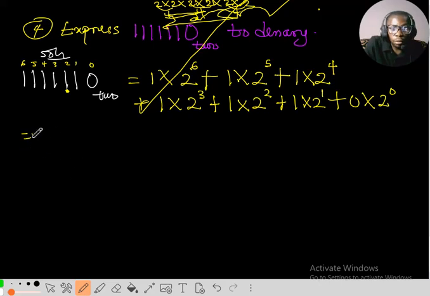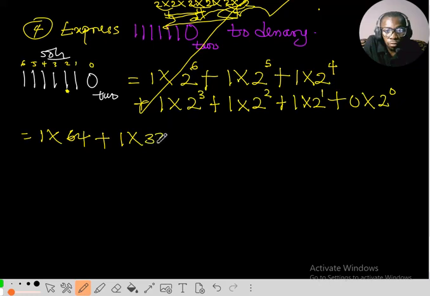So I'll bring it out here that 1 times 2 raised to power 6 is 64, plus 1 times 2 raised to power 5. 2 times 2, 4 times 2, 8 times 2, 16 times 2, 32. 2 five times is going to be 32.